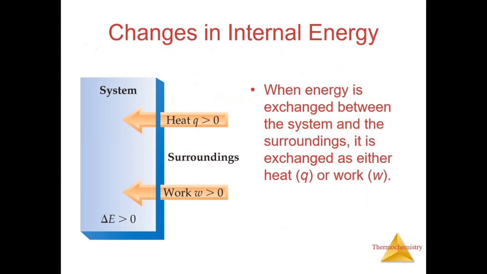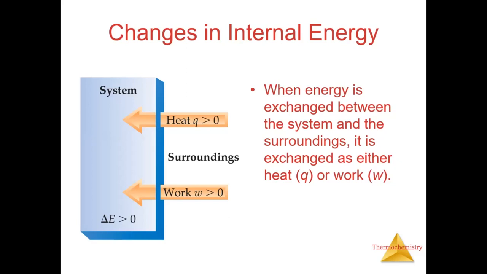So when you exchange things, when energy gets changed, you do it in one of two ways. You either have work done or you change the amount of heat, because energy is equal to the heat plus the work. Heat being Q, work being W. If you are putting heat into the system and you're working on the system, both of those numbers are positive.